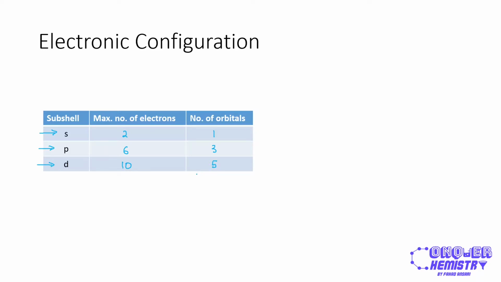Now, getting on to the shapes of these subshells, or rather the orbitals within these subshells, we're only going to be looking at the S subshell and the P subshell and the orbitals that they contain. The D subshell and its orbitals are part of the A2 chemistry course. So the S subshell has only 1 orbital, and that orbital looks like this. So this shape is spherical.